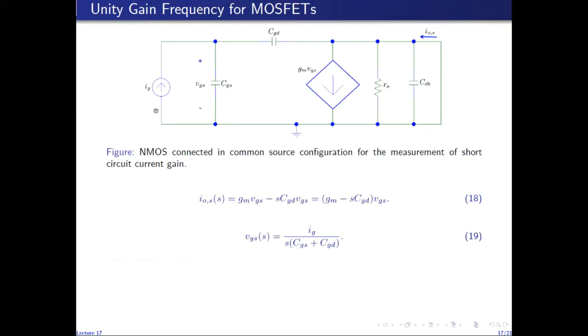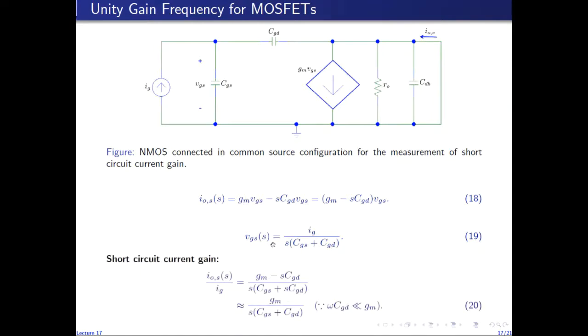So Vgs is given by Ig times 1 over s(Cgs plus Cgd). Putting this Vgs expression in here, we can solve for the short circuit current gain: gm minus sCgd, divided by s times (Cgs plus Cgd).